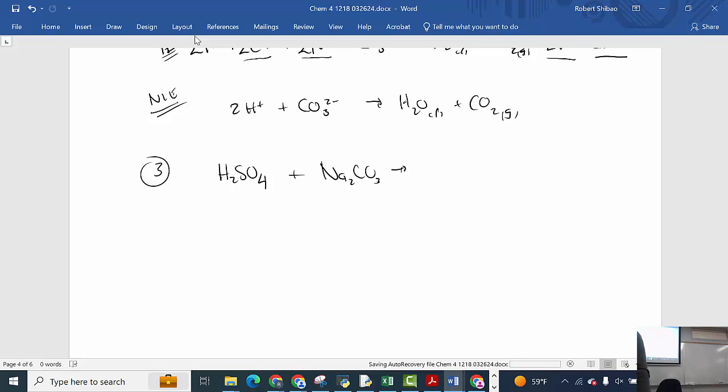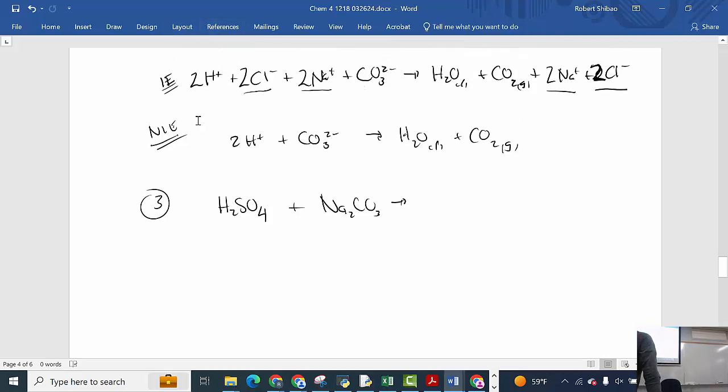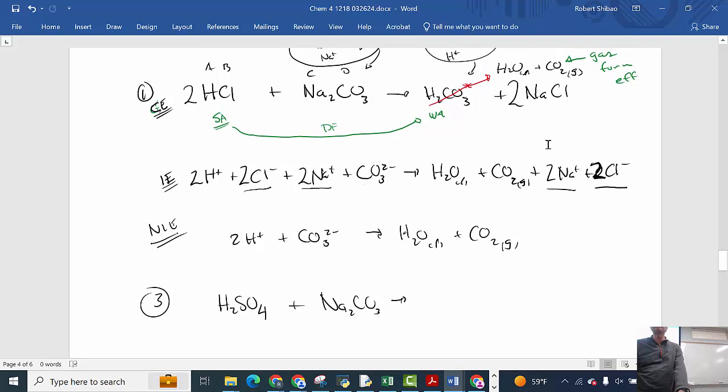A lot of people copied it down incorrectly. Probably the most common mistake was they didn't write any of the charges. So even though I did it on the board, I'm still going to check it to make sure you copied it down correctly. A lot of people didn't even bother writing the driving force for number 1, even though I wrote it up on the board.